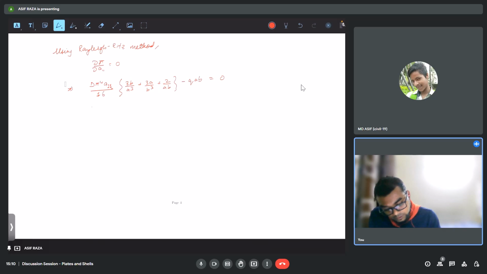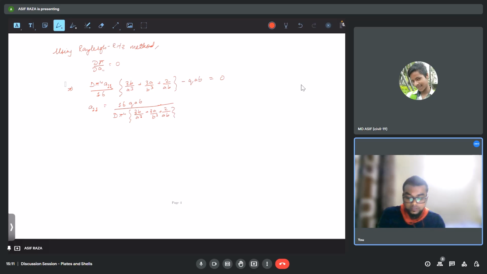So on simplifying this, we'll get a11 as 16 qab upon D pi to the power 4 times (3b by a cubed plus 3a by b cubed plus 2 by ab).